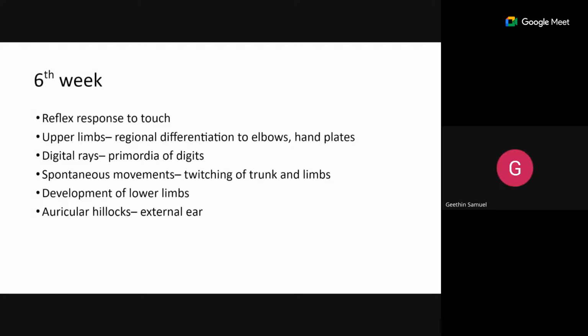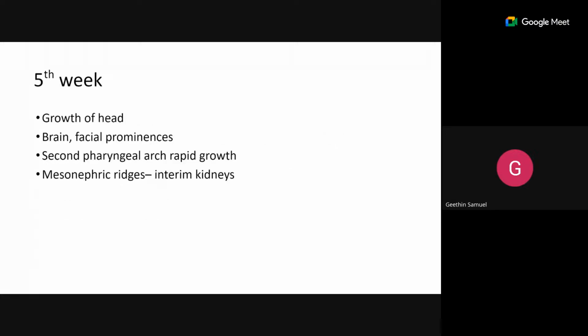So, in the fifth week, the growth of the head is the thing that happens more, and there will be the development of the face prominences. The face is formed from 5 prominences.